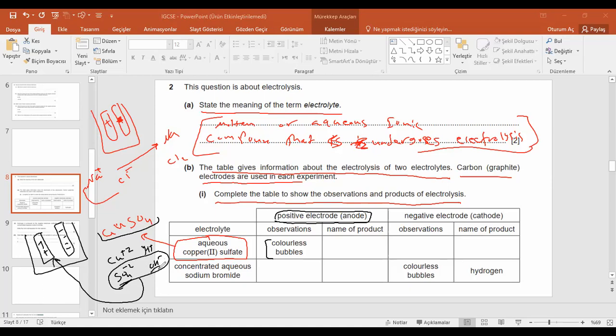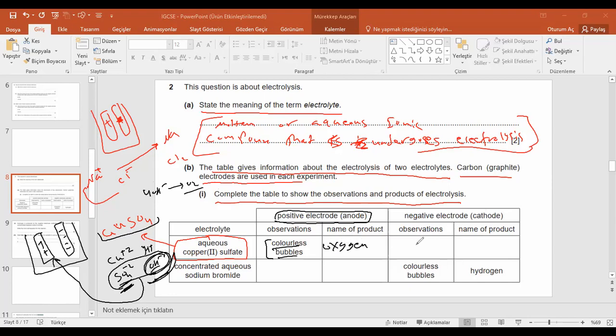So which one of them will be oxidized? It is always OH-. Whenever we have OH- and SO4 2-, always OH- will be oxidized. So we know 4OH- will give us oxygen. These are the colorless bubbles. Name of the product is oxygen.